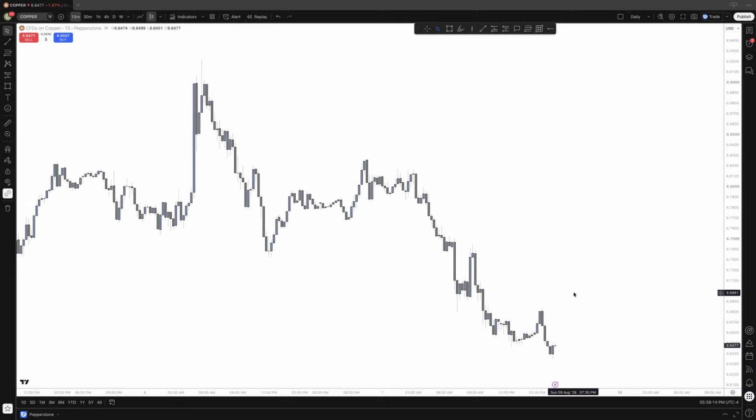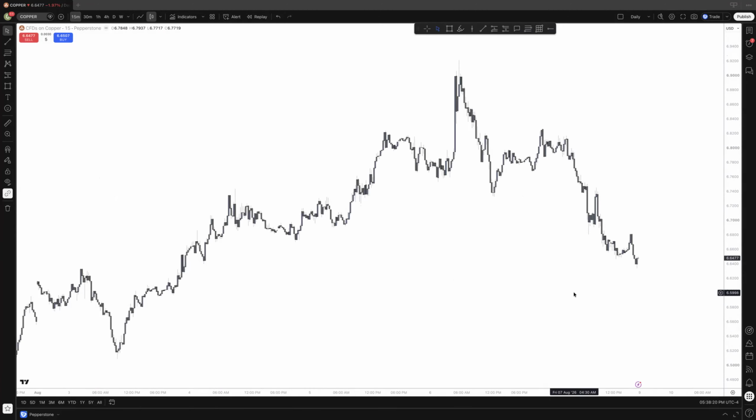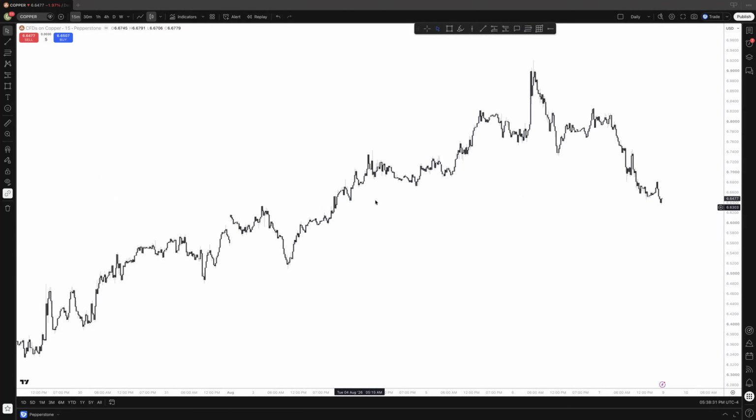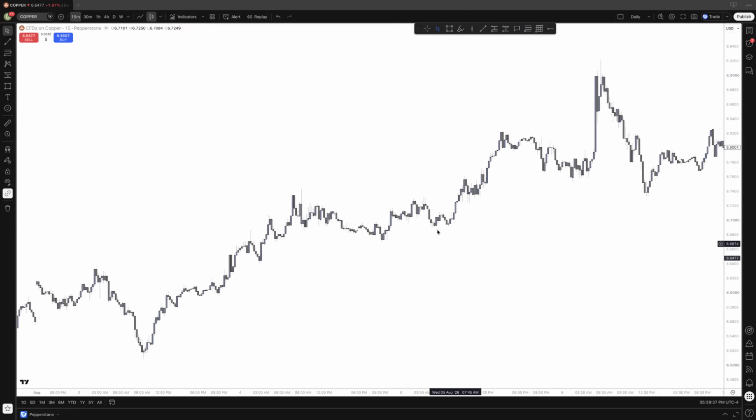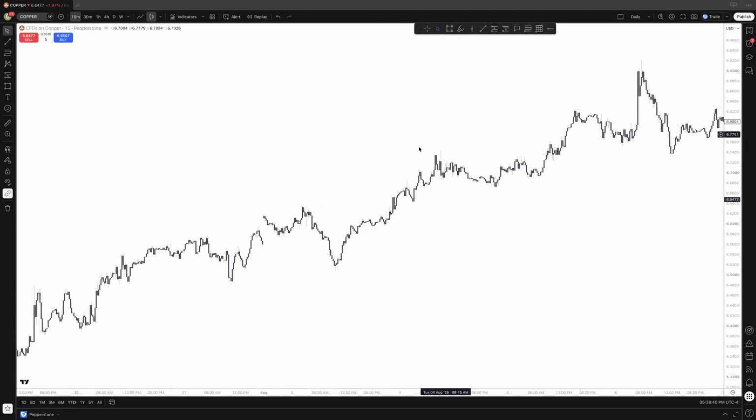So those are pretty much the 2 main ones for copper. And there's also this one in here, which your take profit isn't going to be as good.